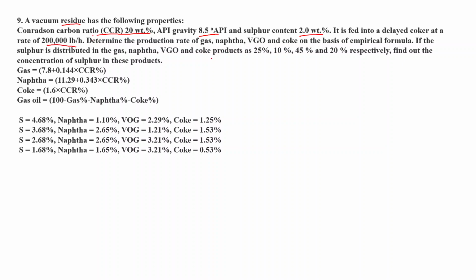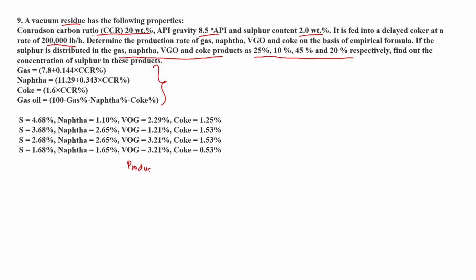Feed rate is also given to us, and the sulfur content in various products such as gas, naphtha, VGO, and coke is also given. So these are the empirical relations which are also given to us to solve this question. So what we have to find out is the concentration of sulfur in these products, the exact concentration. Okay, so let us start.